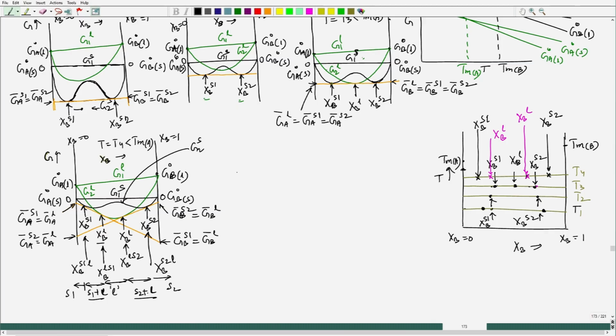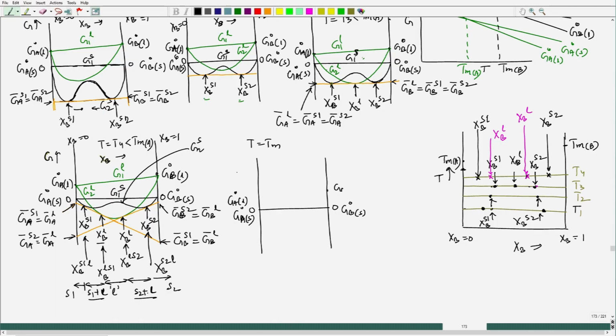Now, at T equal to Tm, let us say I am considering T equal to Tm. In that case, let me just draw that. This is 0, 0, G B naught solid, here G A naught solid as well as liquid both will have the same free energy, and that is assigned 0.